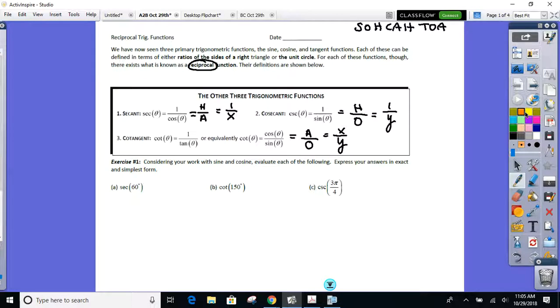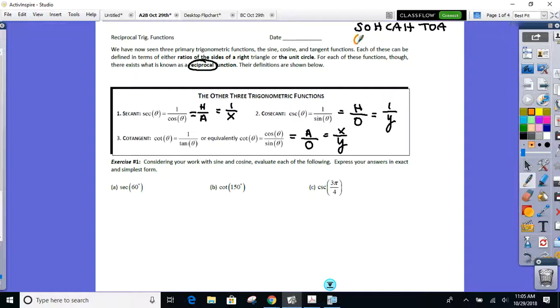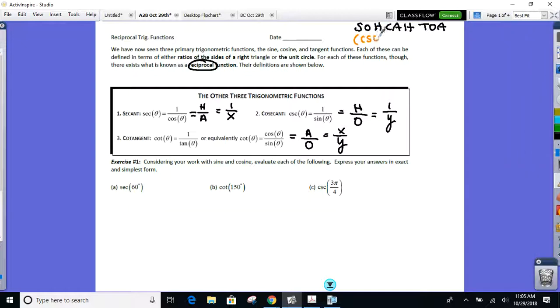Underneath each of these, I'm going to write their reciprocals. When I flip sine, what do I get? Cosecant. So under sine, I'm going to write CSC.